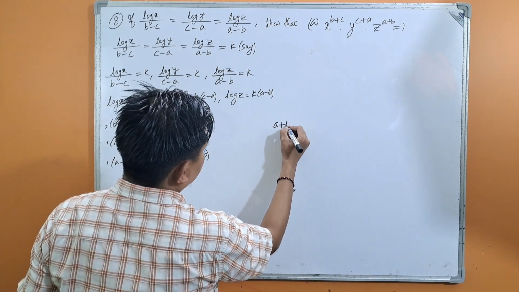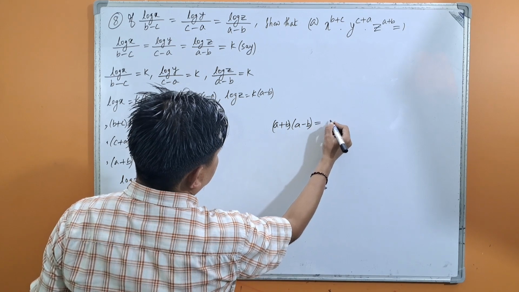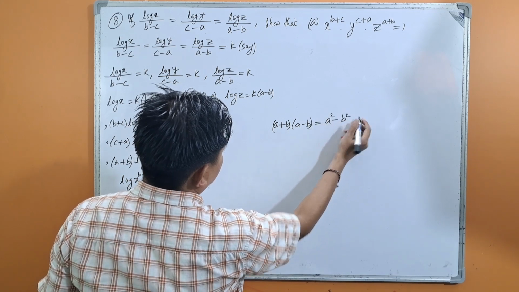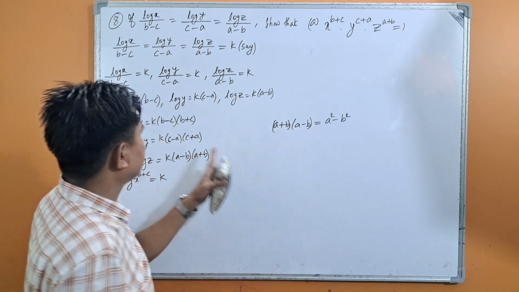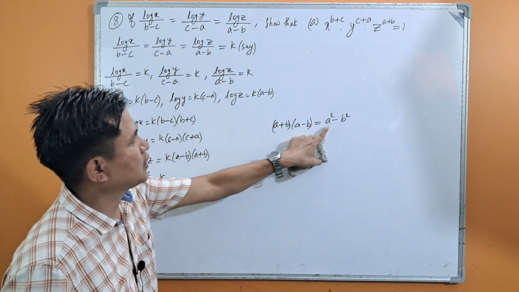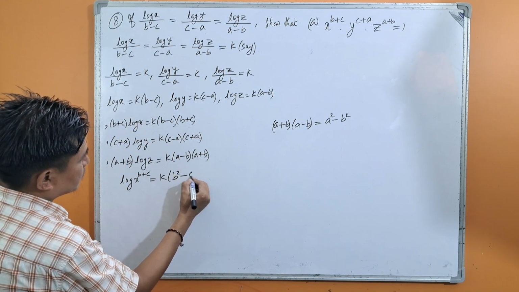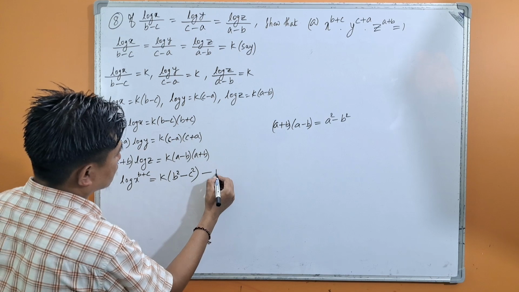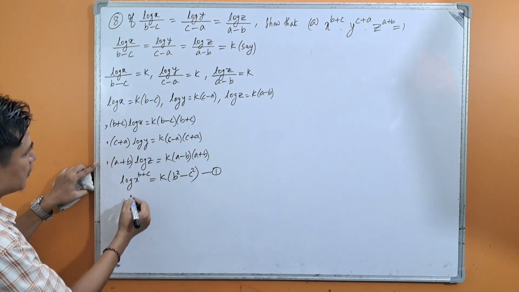If we have a plus b into a minus b, we can write this as a square minus b square, because a square minus b square means a plus b into a minus b. So we can write a square minus b square, isn't it? This is equation 1.